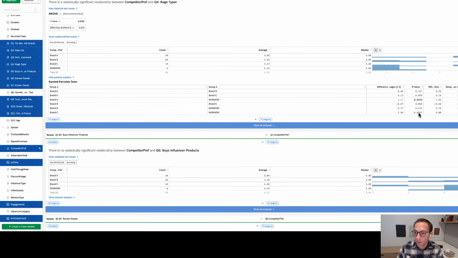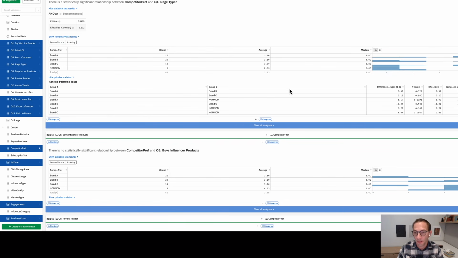Oh, look here, there's a p-value of 0.05. So that's marginally significant, at least, between brand C and nom nom. So nom nom at least underperformed brand A significantly, and marginally it underperformed brand C, but it didn't significantly differ from brand B.